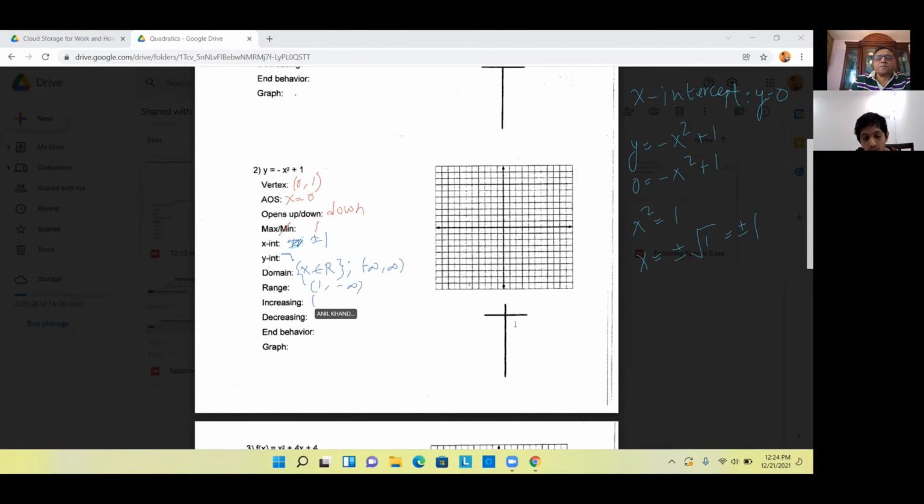Increasing is negative infinity to 0, and decreasing is 0 to infinity. End behavior: as x goes towards negative infinity, y goes towards negative infinity, and as x goes towards infinity, y goes towards negative infinity. Both down.